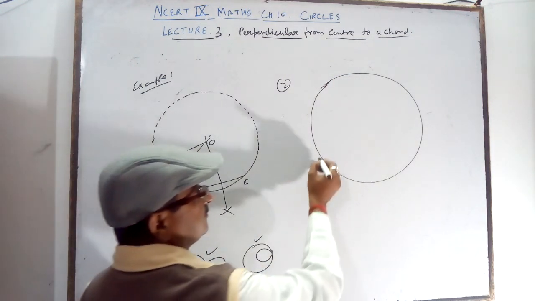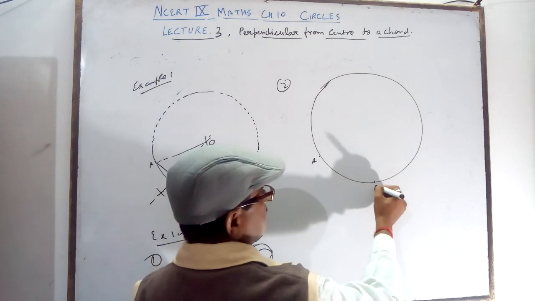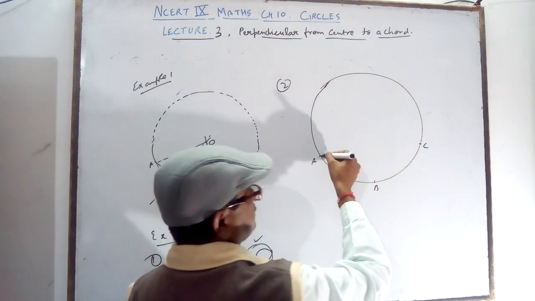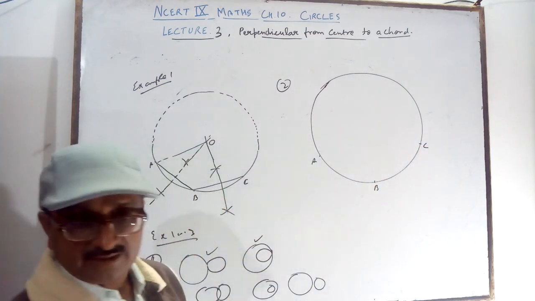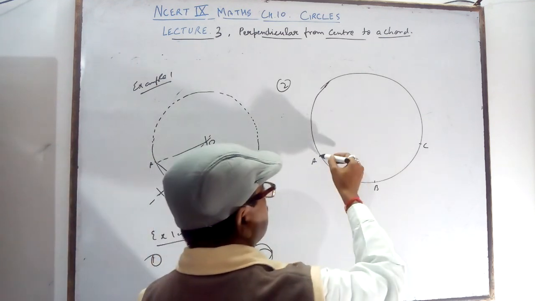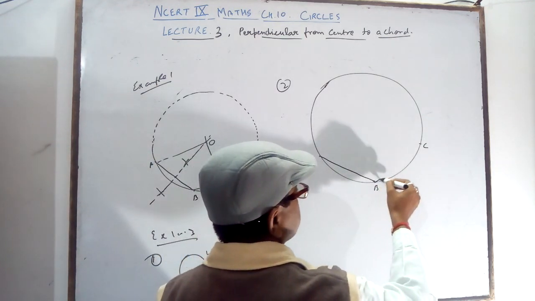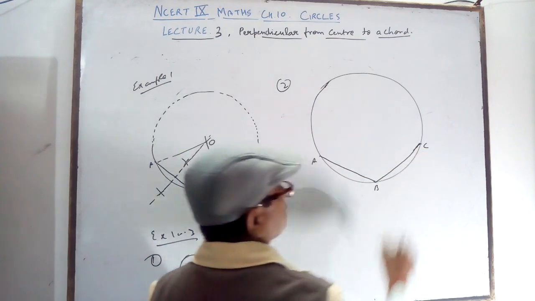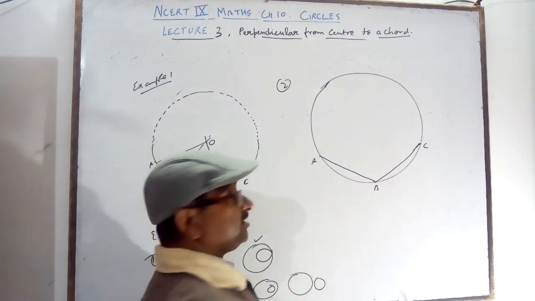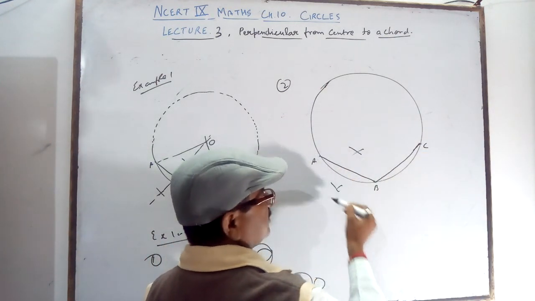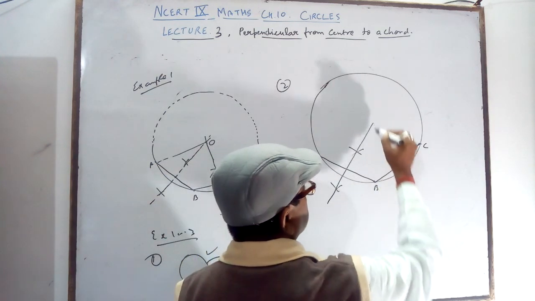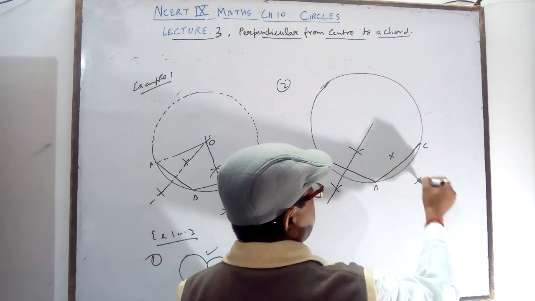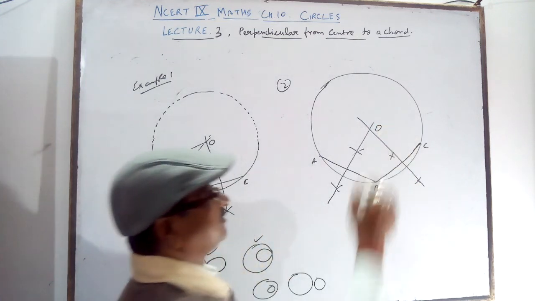First step, take 3 points on it. Second step, join AB and BC, two chords. Third step, draw the perpendicular bisector of each, which intersect at a point. It will be the center of the circle.